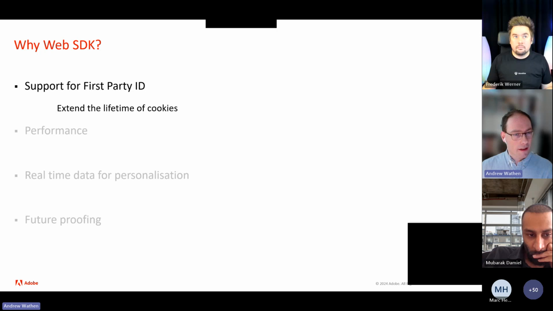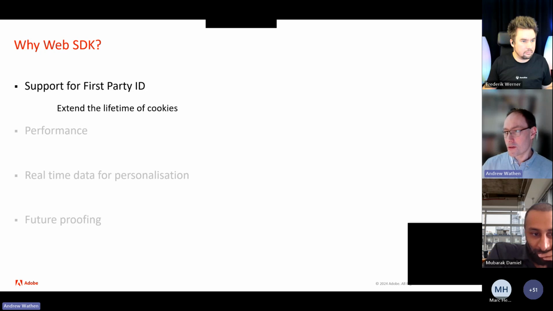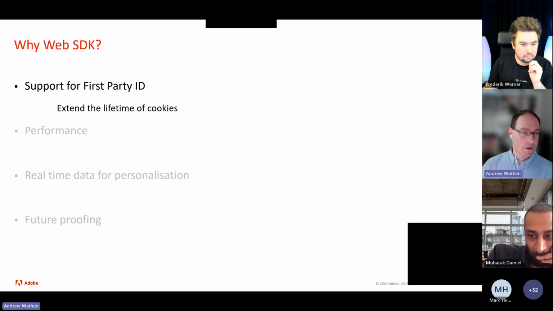So certain browsers, certain companies, shall we say fruit-based companies, quite like to limit the lifetime of cookies. So you may set your cookies to last a year or 2 years, but in reality, on certain browsers, those cookies may be considerably limited, maybe 7 days or less, depending upon how they are treated.